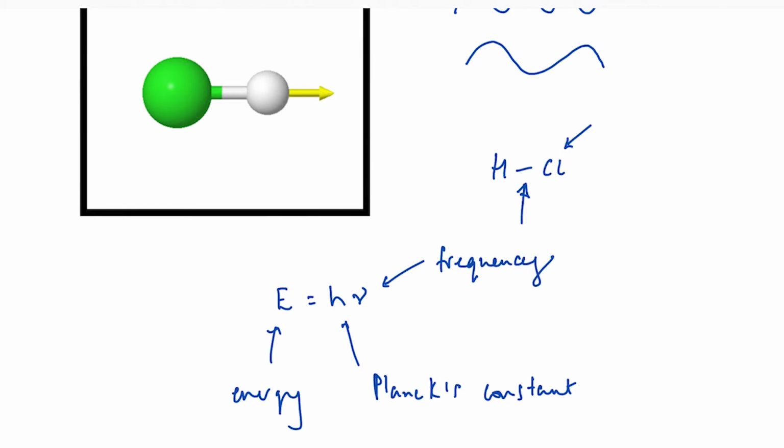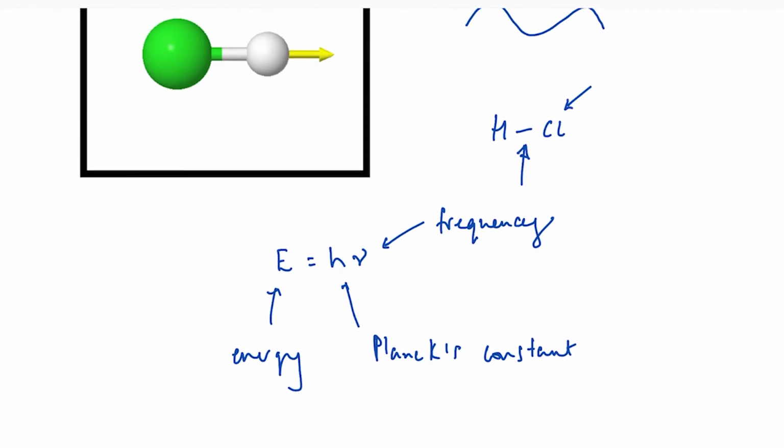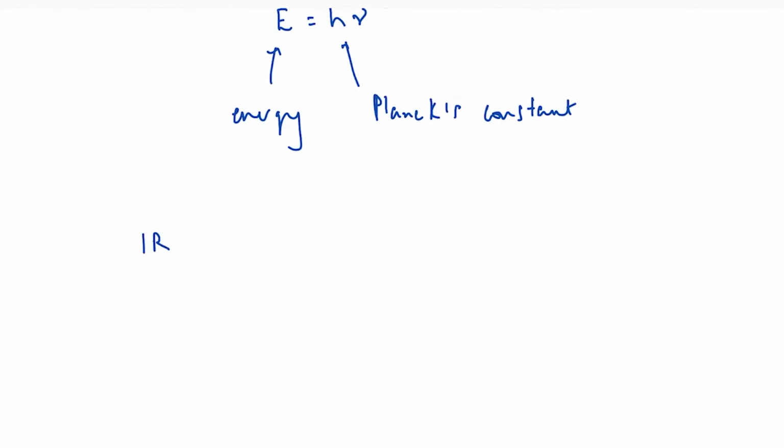The frequency of the energy absorbed depends on the bond in question, but it's going to lie in the infrared region of the electromagnetic spectrum. So we're talking of frequencies from 10 to the 14 to 10 to the 13 hertz. And if we want to think in terms of wavelength, remember c, speed of light, equals wavelength times frequency. That equates to wavelengths in the 2.5 to 15 micrometer region.